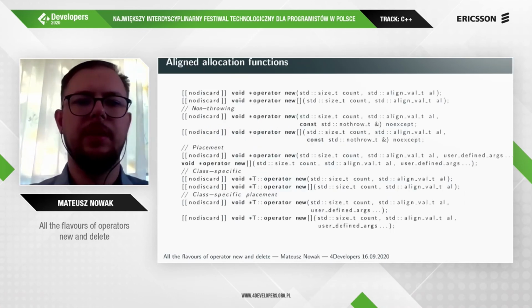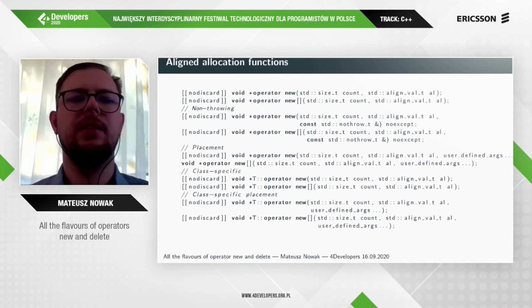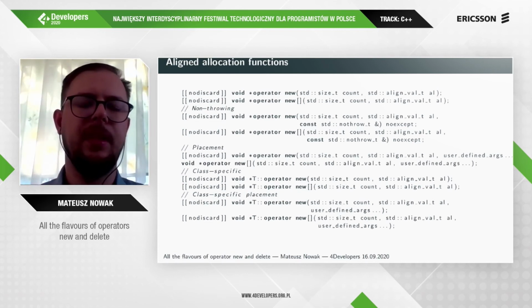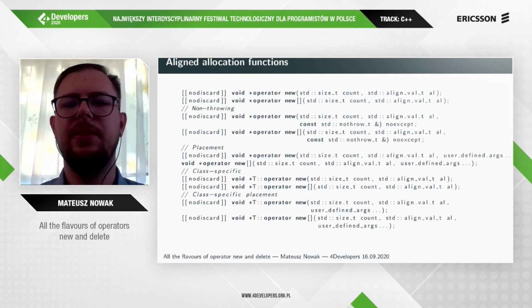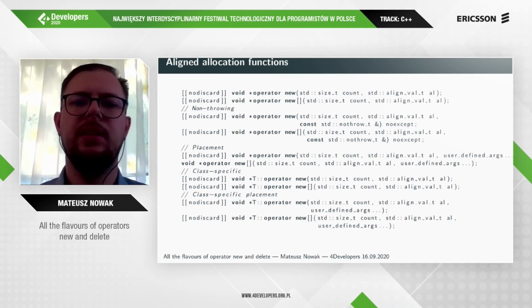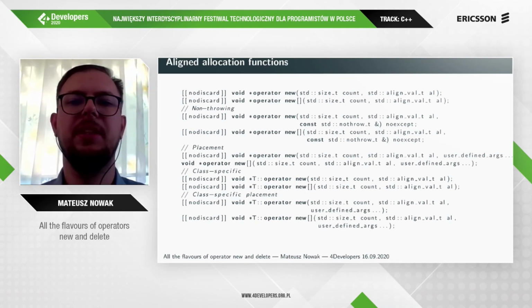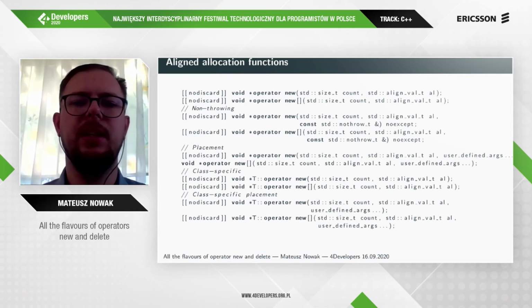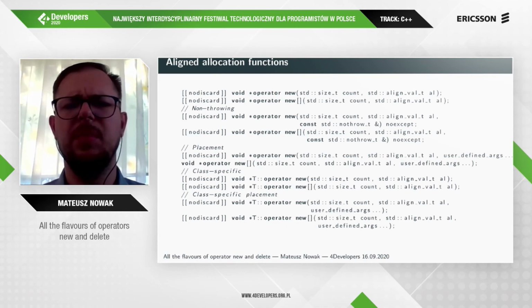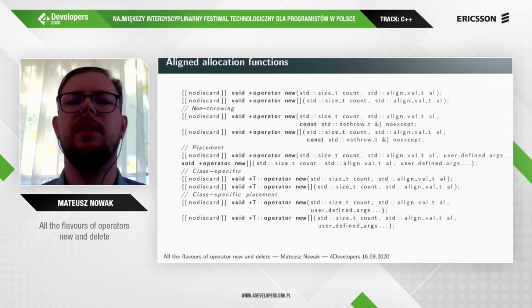And going through the list of the aligned allocation functions. It's more or less gathering this aligned version from the groups I was talking about previously. The difference here is, for I think almost every variation I mentioned earlier, we have an additional parameter that is std::align_val_t, telling the alignment value we want to use.